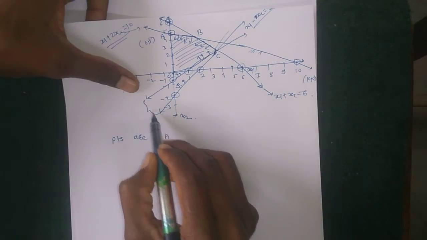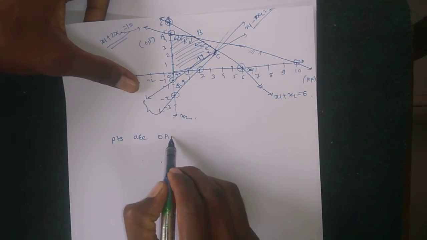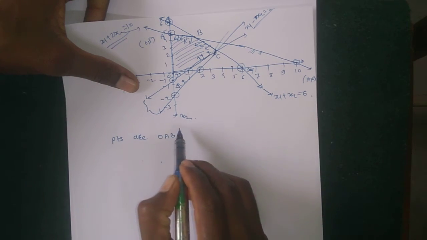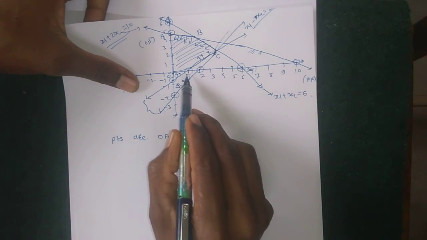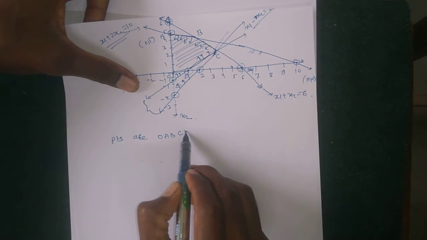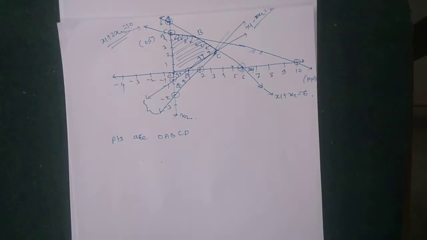Then point D is at 1, here D and O. These are the corner points of our feasible region.